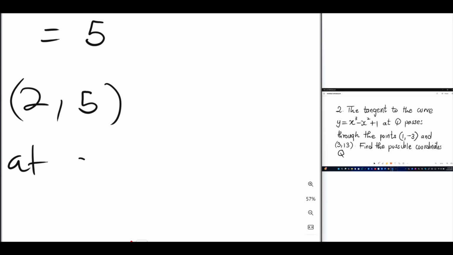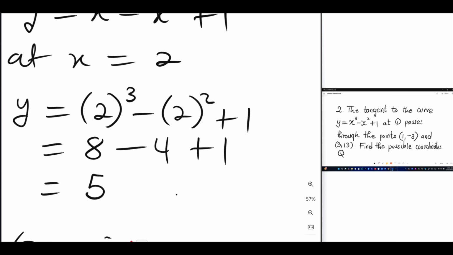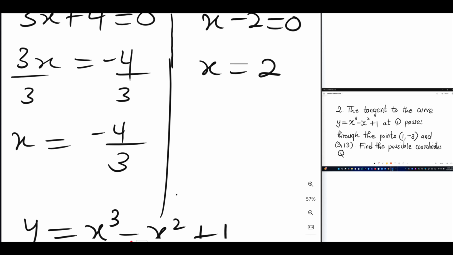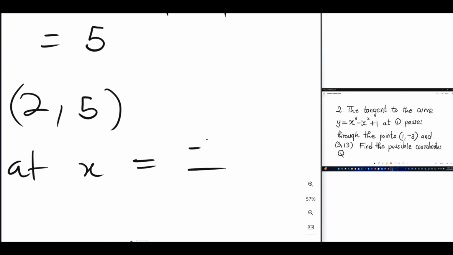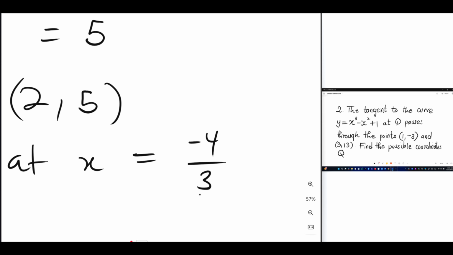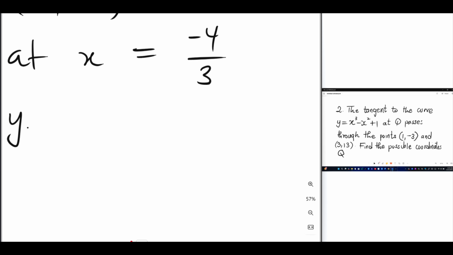The other x value is negative 4 out of 3. Okay, negative 4 out of 3. So you bring back the function y is equal to x cubed minus x squared plus 1.